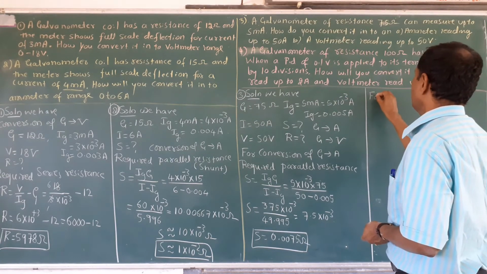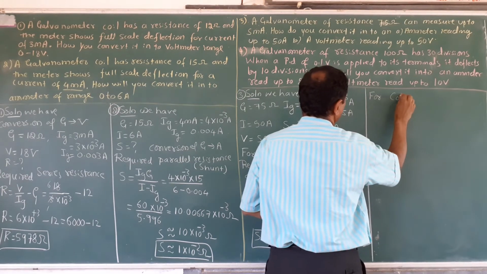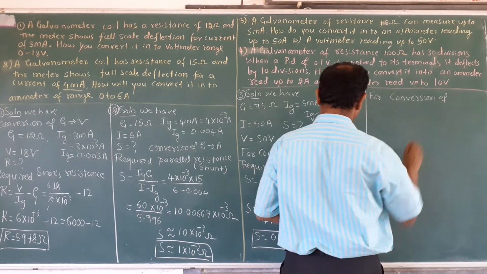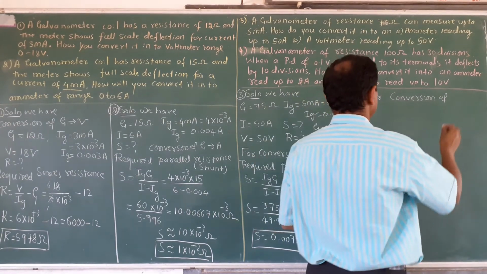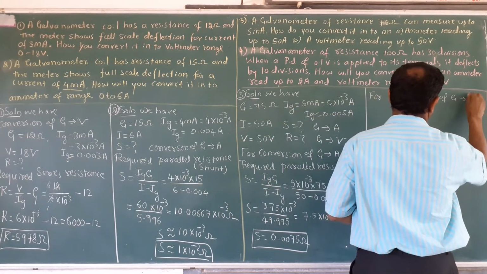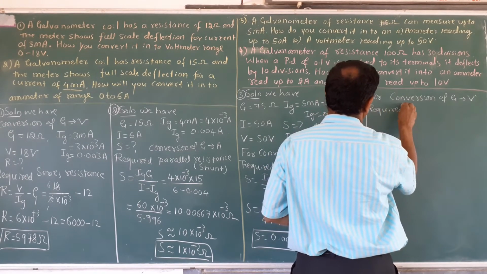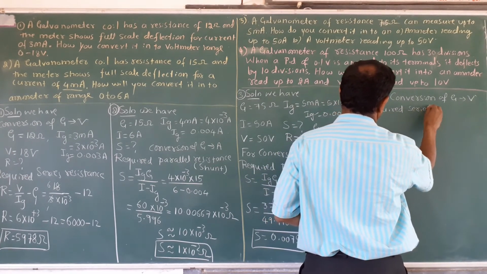For conversion of G to P, we require a series resistance.